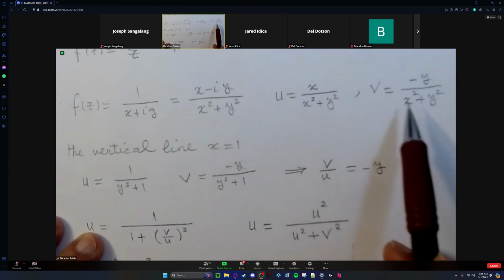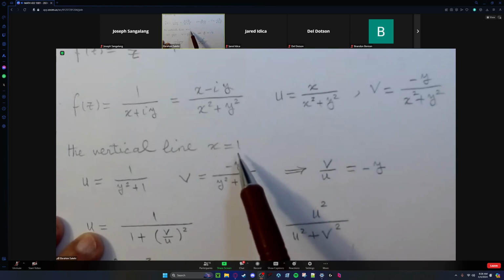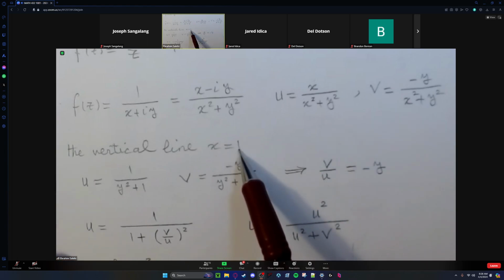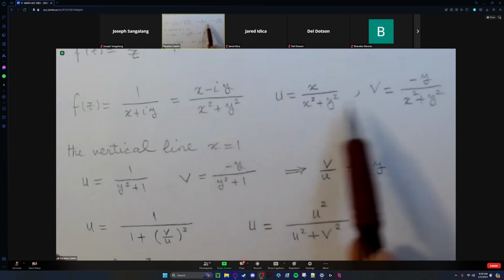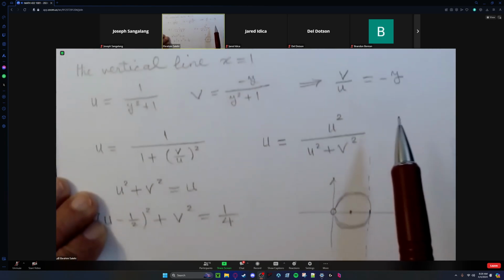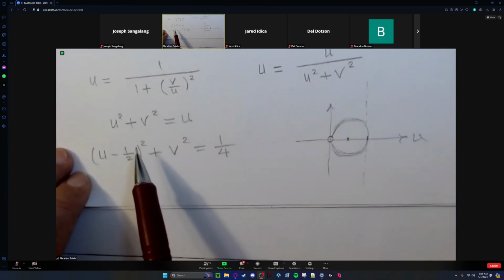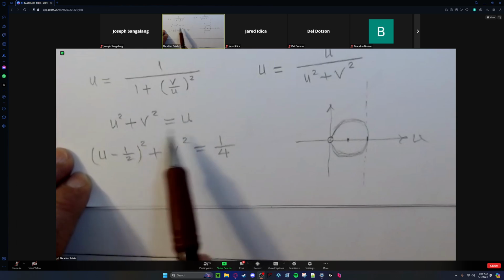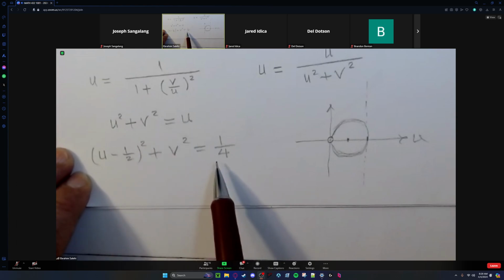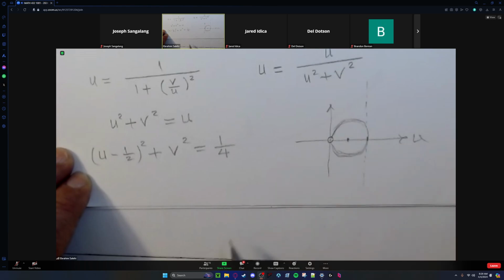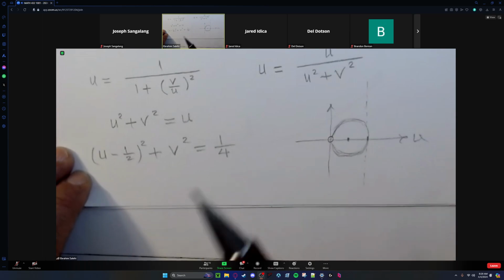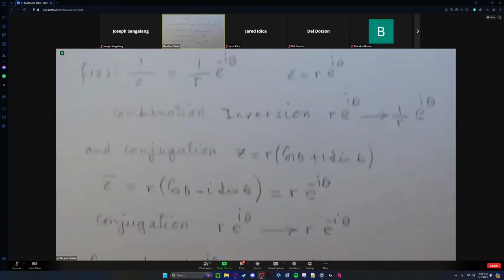Of course, I applied this for x equals 1 and analytically showed you that x equals 1 under 1 over z becomes this circle in the UV plane, which is a circle of radius 1/2, centered at (1/2, 0). All right? Okay. Well, I will stop here.